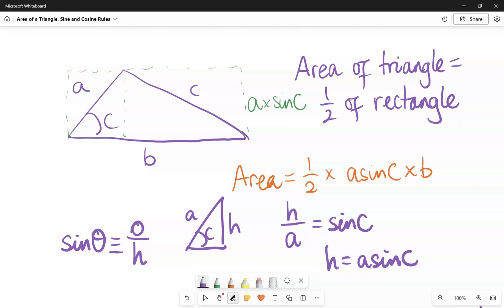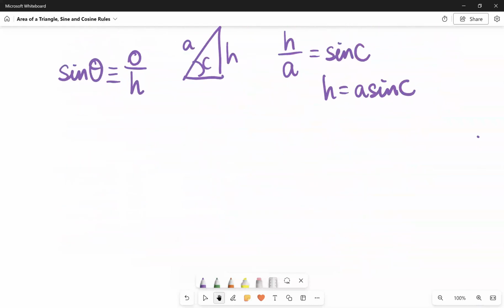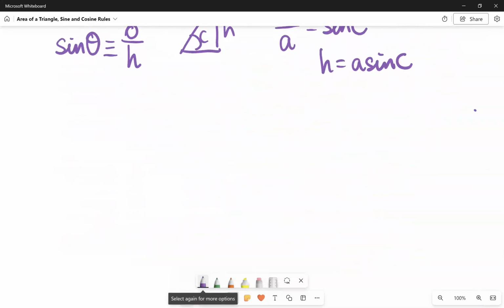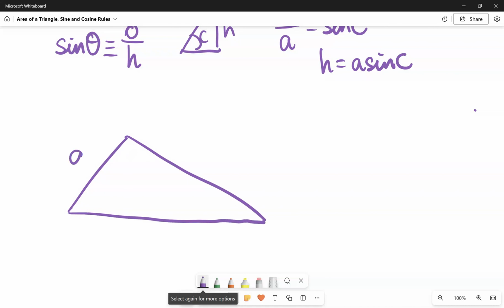So now we'll move on to the sine rule, and we'll see how this naturally flows from this area rule. If we define a triangle with angles A, B, C, and sides a, b, and c, clearly we need to relate the angles, the sines of the angles, and the lengths of each side.